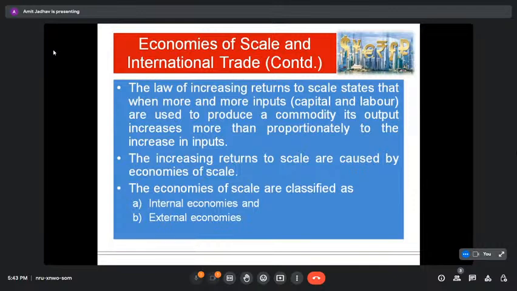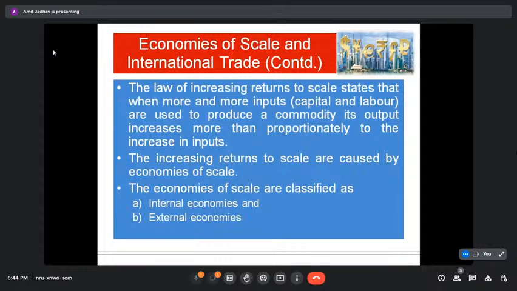Increasing returns to scale are caused by the economies of scale, and the economies of scale are classified into internal economies of scale and, similarly, external economies of scale. The economies of scale are created because of increasing production, and that's why trade will happen between countries.